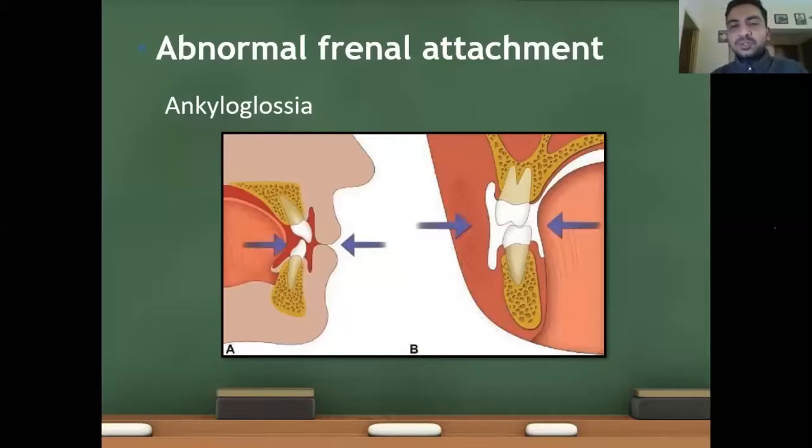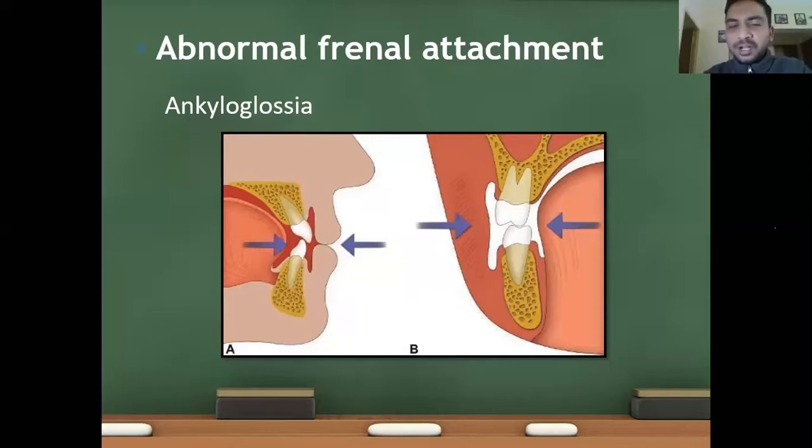So just because you did not treat the ankyloglossia early can lead to abnormal buccinator muscle activity, which can lead to posterior crossbite. Had you removed the ankyloglossia early, you would have prevented that malocclusion from occurring.